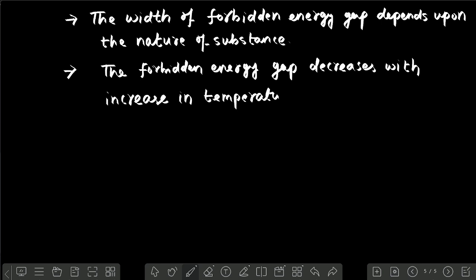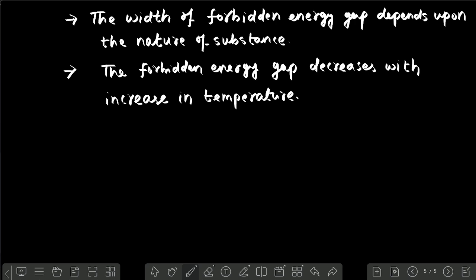It decreases very slightly. So write down that: as temperature increases, the forbidden energy gap decreases very slightly. Remember that.